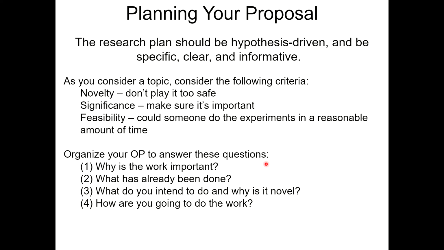That is too safe. That could be like step 1A, and then you're going to go do something different. But doing something that's already been done in one system and just changing the cell type is not sufficient. Significance, make sure it's an actual real problem. You can convince us of that in your writing if it's something that you care about. And then feasible. So don't propose that you're going to cure a disease.